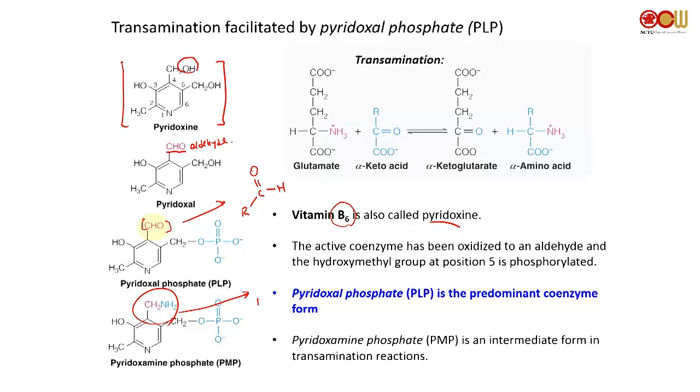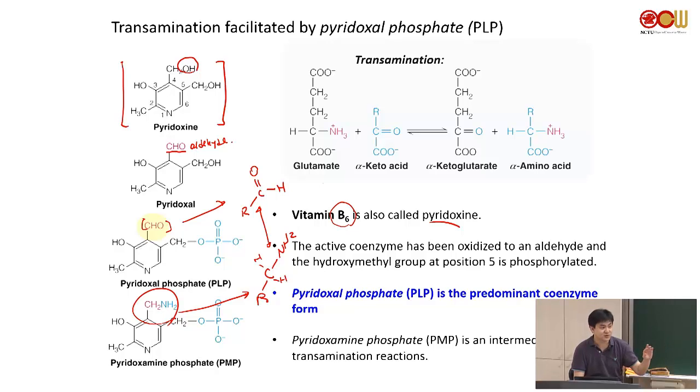If you expand it out, it's going to be R, C, and H2. So going from here to here, what is that? It's kind of like a transamination reaction. Your pyridoxamine phosphate is the intermediate form in the transamination reaction. This tells you that your transamination reaction is facilitated by this cofactor, or coenzyme. Okay, PLP down.